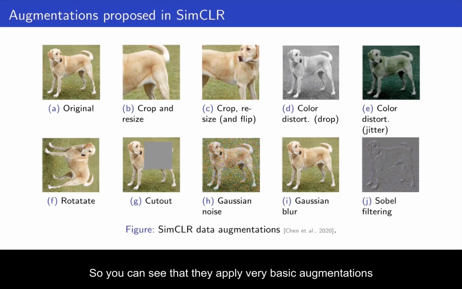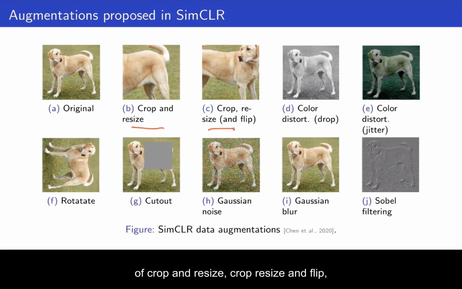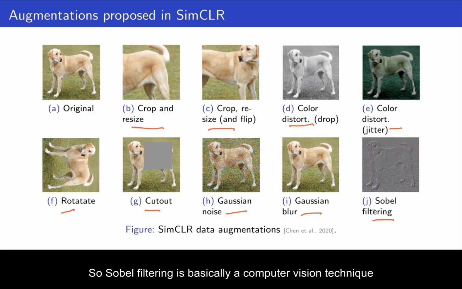You can see that they apply very basic augmentations of crop and resize, crop, resize and flip, color distortion with jitter, rotation, cutting out a square patch from the image, applying Gaussian noise, applying Gaussian blur, and applying the Sobel filter that we see here. Sobel filtering is basically a computer vision technique that highlights edges in the images.